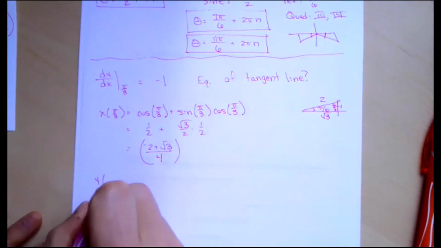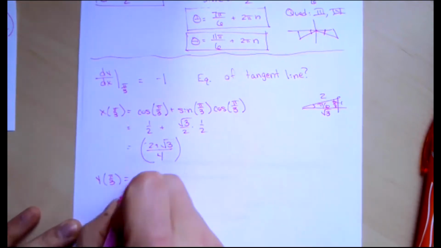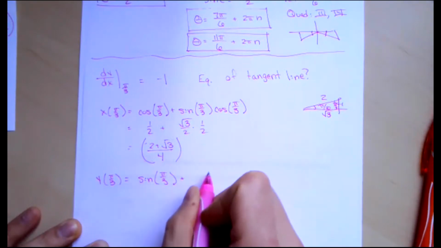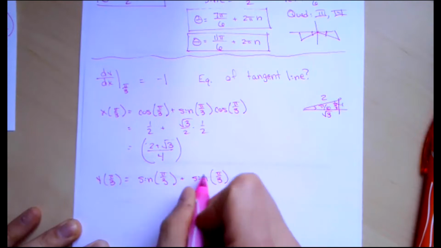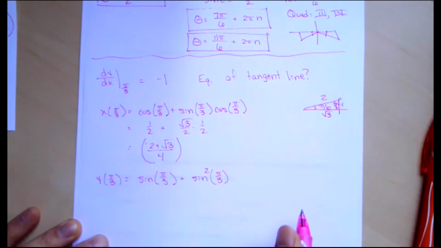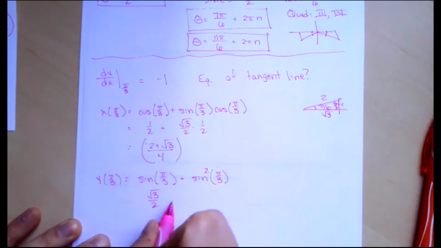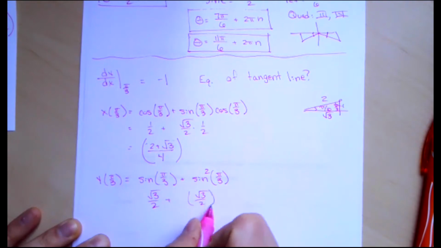And our y at pi over 3 is going to be sine plus sine squared of pi over 3. So we'll have square root of 3 over 2 plus square root of 3 over 2 squared.